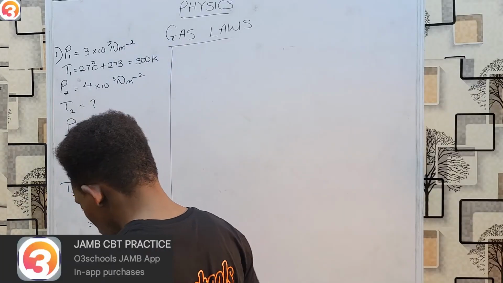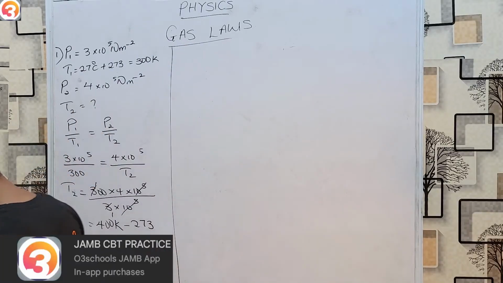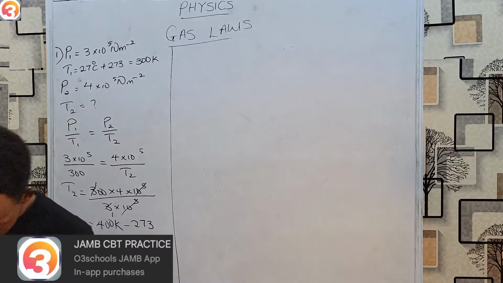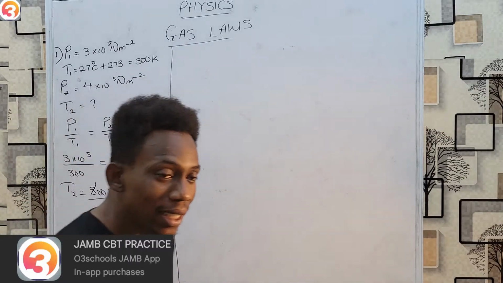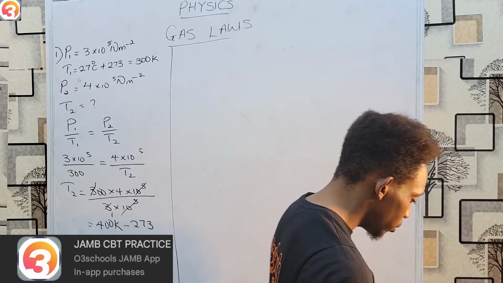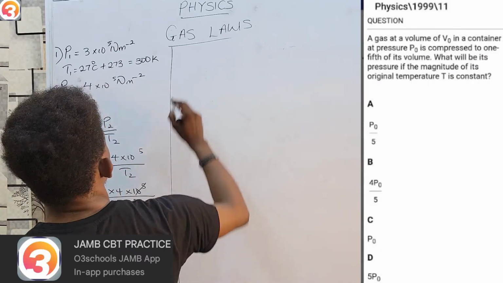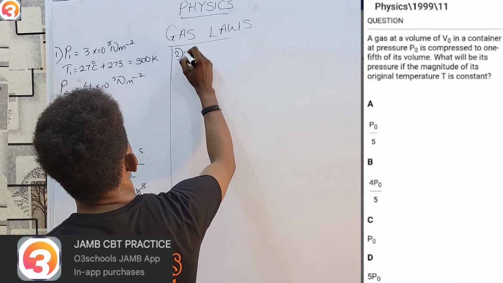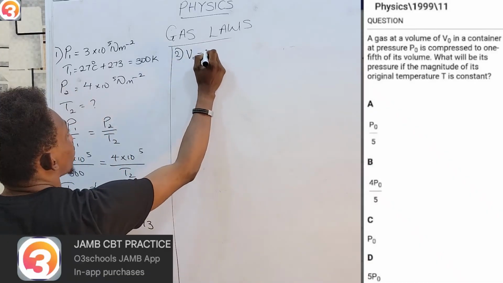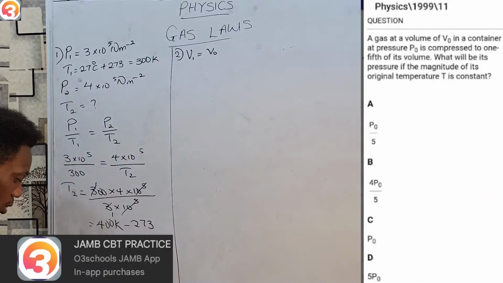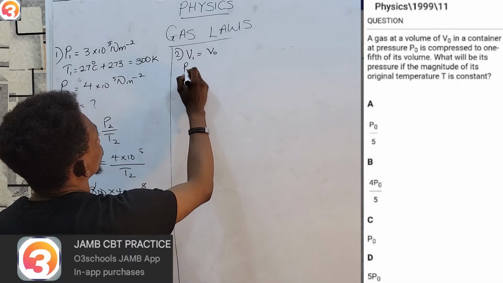Okay. Still on our O3 Schools JAMB app, we're taking a second example. This one is from the year 1999, question 11. A gas at a volume of V0 in a container. The gas has a volume, so the first volume we have is V0 at a pressure P0.